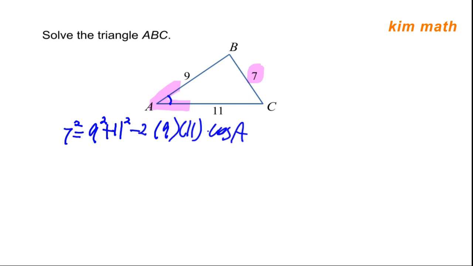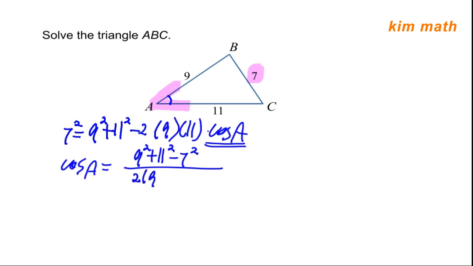So our variable is A, so let me isolate cosine A first. Then cosine A will be 9 squared plus 11 squared minus 7 squared over twice 9, 11. Okay.